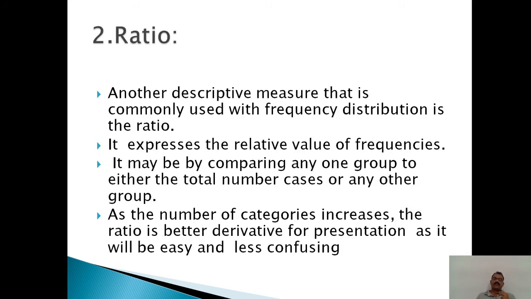Then ratio. Another descriptive measure that is commonly used with frequency distribution is the ratio. It expresses the relative value of frequencies. It may be by comparing any one group to either the total number of cases or any other group.